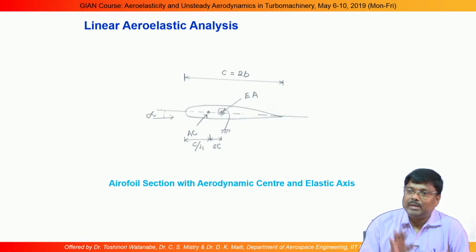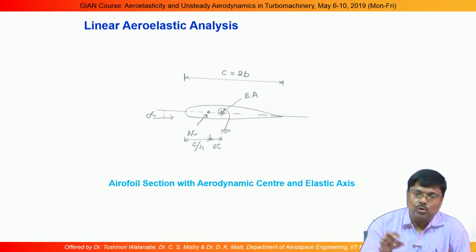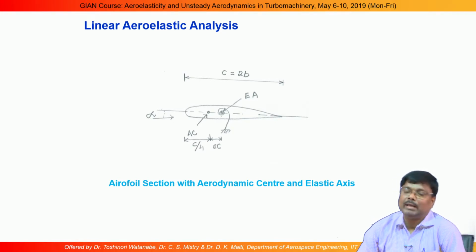With that angle of attack, a lift will be generated. Due to that lift, it will try to rotate the aircraft wing. So, there will be a rigid angle of attack. Due to the lift load acting, there will be an additional deformation, which we call the flexible angle of attack.